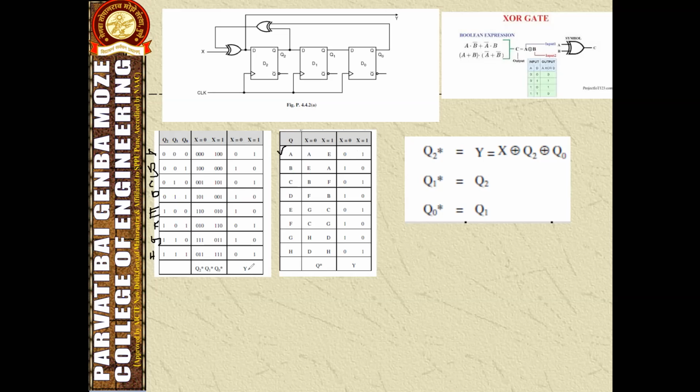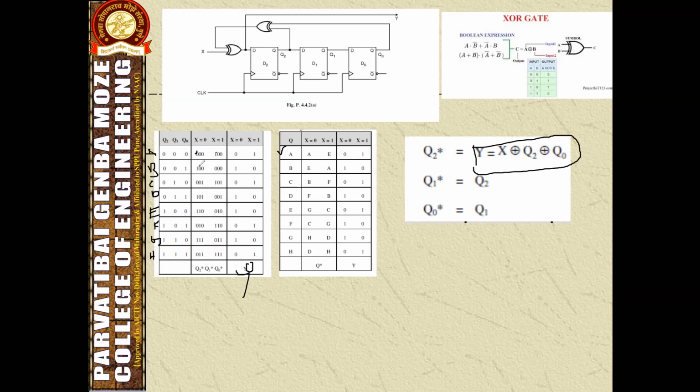And these are the possible output combinations. How can we get the output? See here, this is Q2. Whatever the Q2 is, that is the output. So this bit we will consider the output. When x equal to 0, Q2 is 0. When x equal to 1, Q2 is 1.